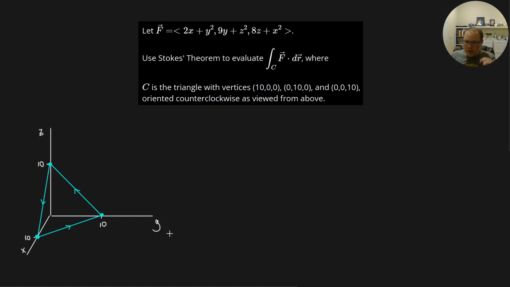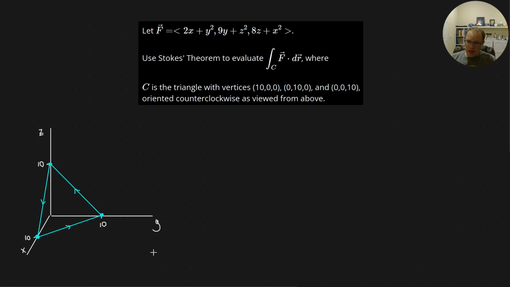Okay. Now, calculating this as a line integral is a little bit annoying because we have to break it into 3 pieces, right? Each one of these sides would have to be handled separately as its own line integral.